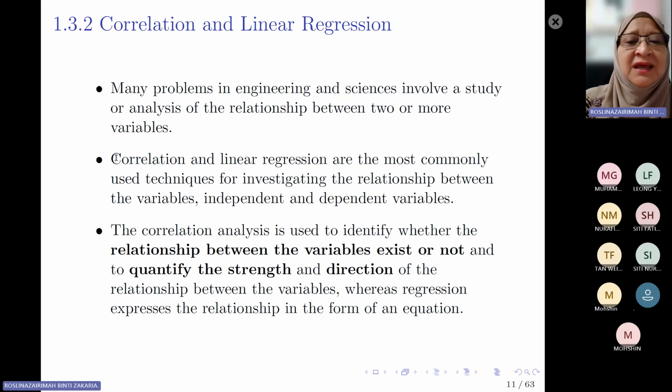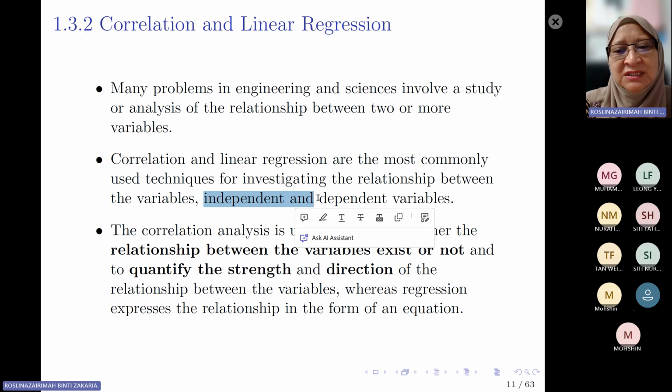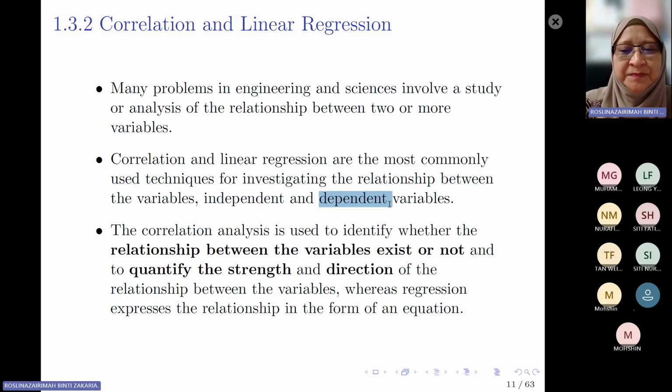So correlation and linear regression is a common method used to investigate the relationship between variables. Basically, we have independent variables or predictors, and the dependent variable, which is the response variable or outcome. Independent is the input variable, dependent is the output or outcome.